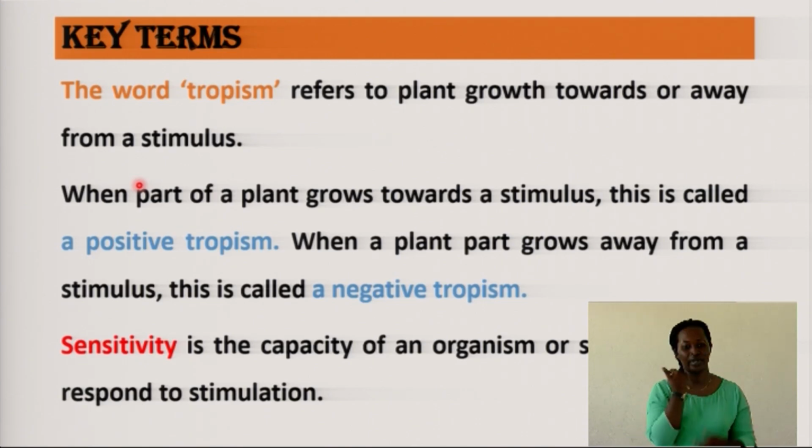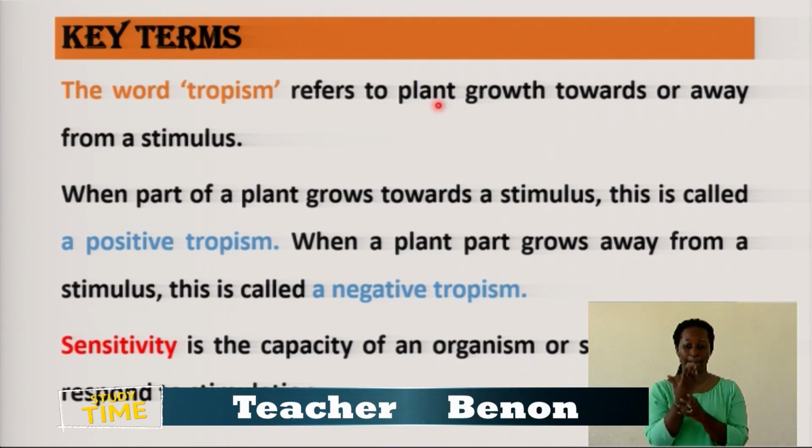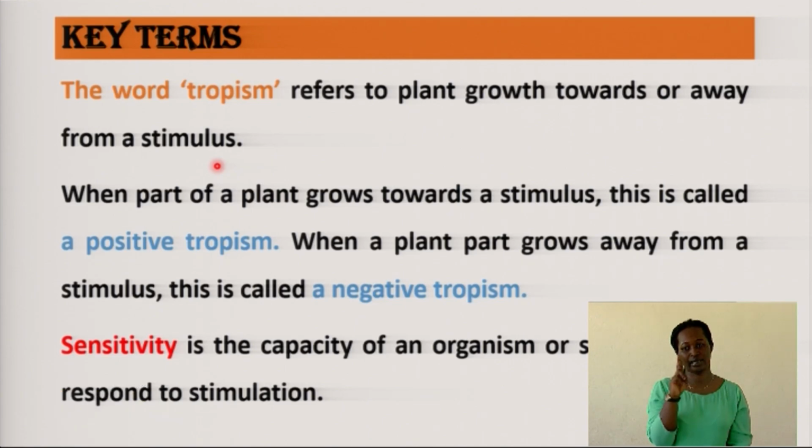Let us start with the term tropism. The word tropism refers to the plant growth towards or away from the stimulus. What does it mean? The plant can grow towards the stimulus, or it can grow away from the stimulus. Does that make sense? Good, let's continue.